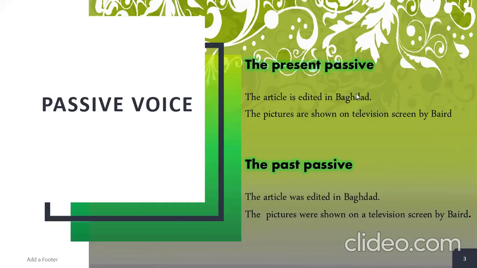So the question is how to form a sentence in the present passive or the past passive. What is the formula that you usually have to follow when you want to make a sentence in the present passive?